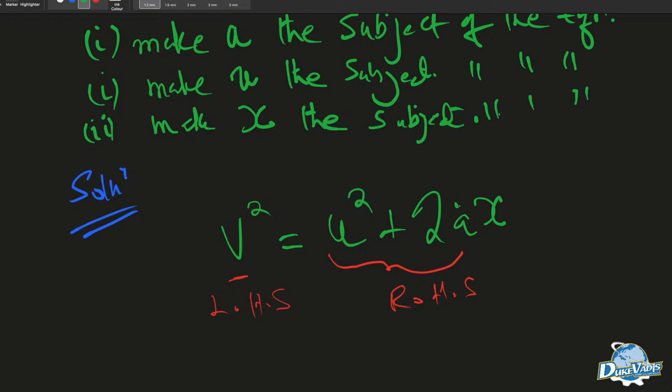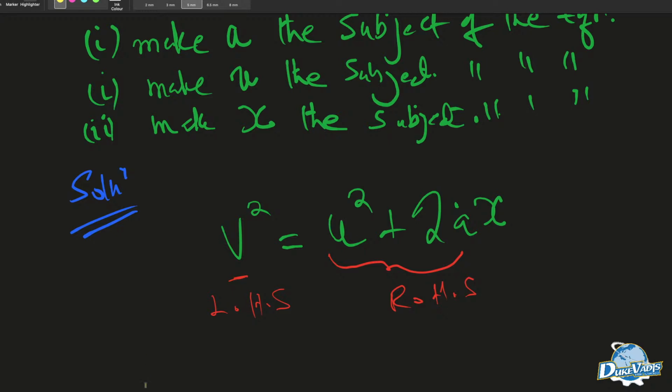Before we can do that, we shouldn't see u squared here. This u squared over here, we shouldn't see it at all. We should get rid of it. How do you get rid of that? We have to subtract u squared from both sides of the equation, as we've learned.